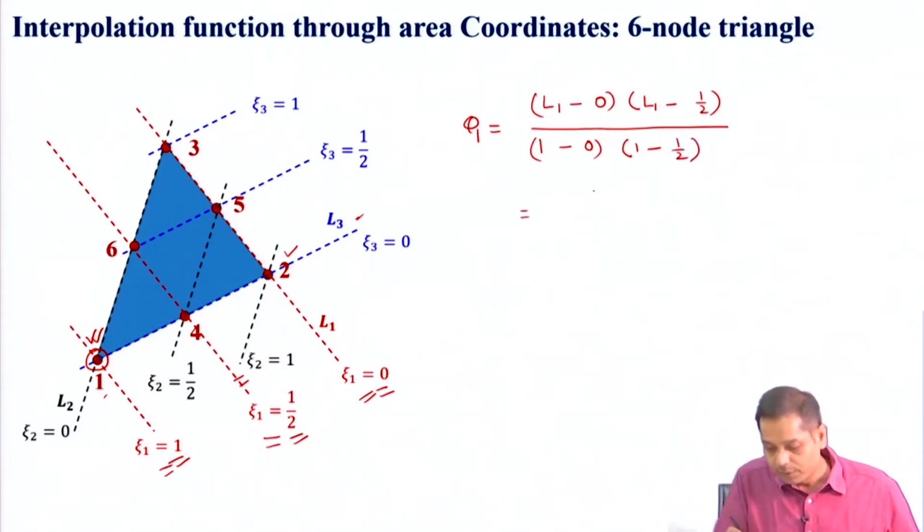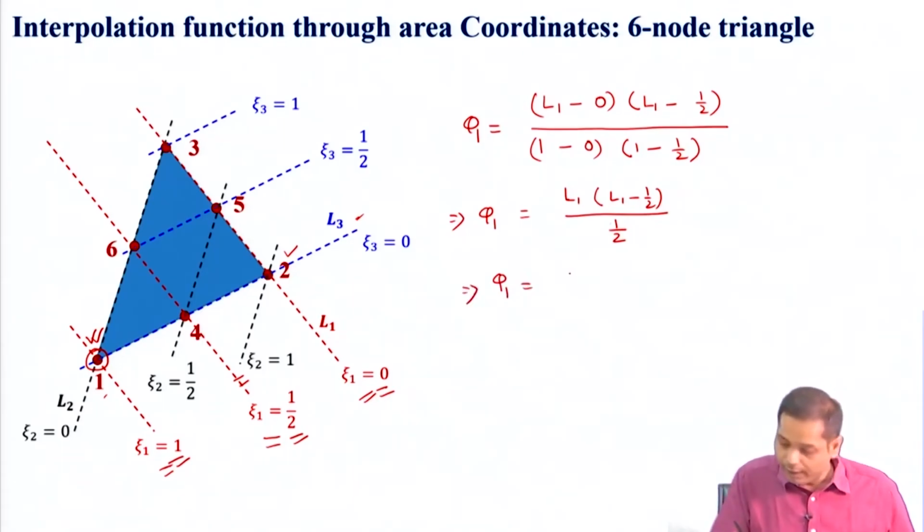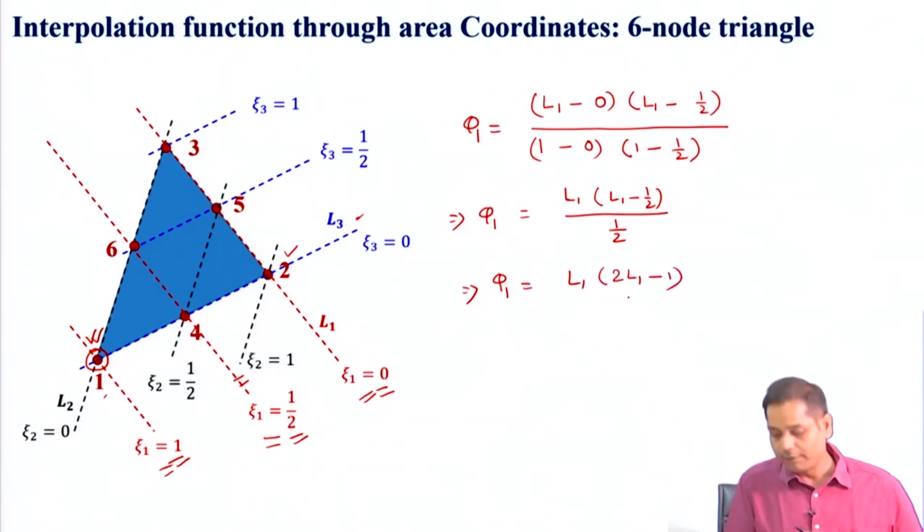So this gives phi 1 equal to L1 into L1 minus half divided by half, which finally gives phi 1 equal to 2 L1 into 2 L1 minus half.